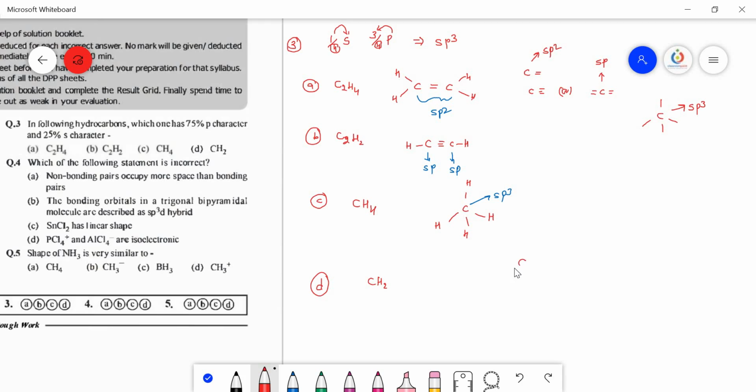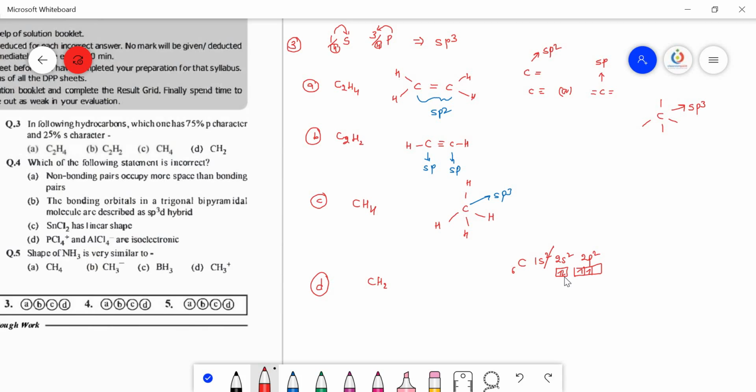If you see the carbon atomic number and electronic configuration, 1s2, 2s2, 2p2. So 2 s electrons and 2 p electrons are there. 4 electrons do not participate in the bond formation. Carbon never forms its chemical bonds in its ground state.